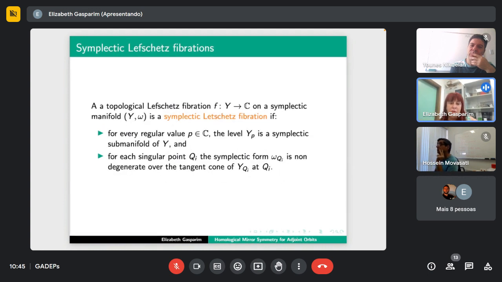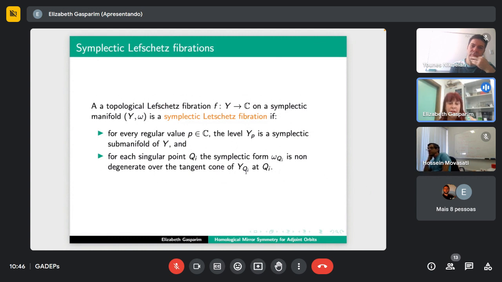And the condition for it to be symplectic, the most important part is that for every regular value, the corresponding, we call it level here, because we had the word fiber appear in too many different situations. So we call this regular level and singular level. So the regular levels should be symplectic submanifolds.